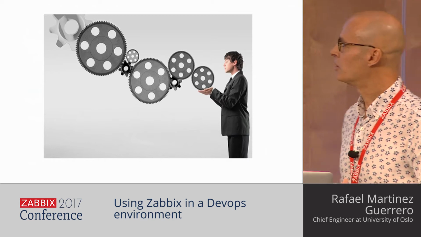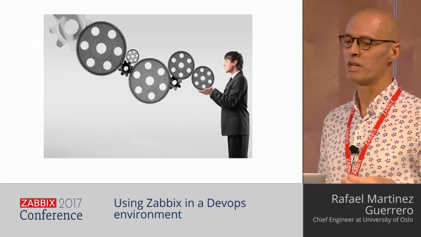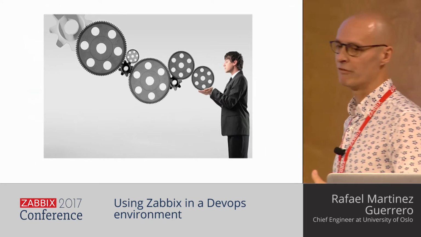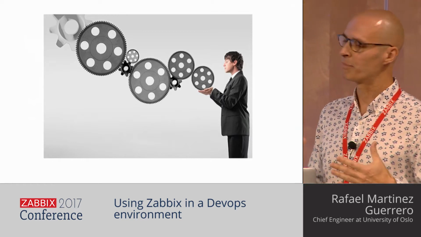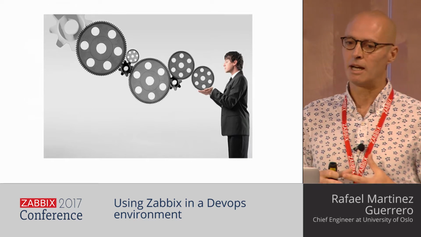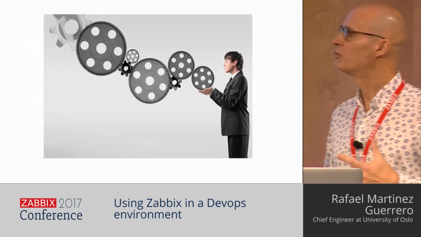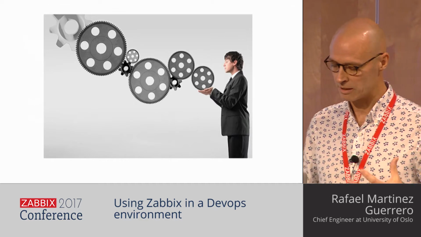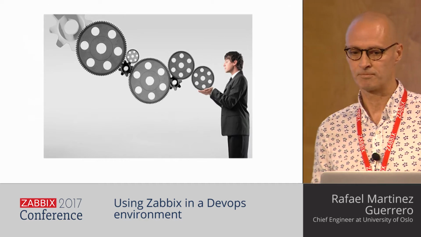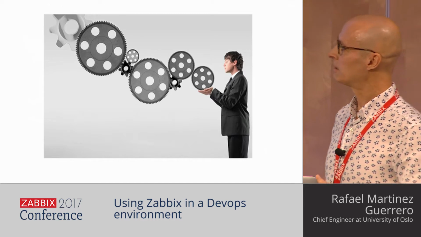And of course, you need full automation of many of the processes involved. This is especially important in a DevOps environment, and this is what we wanted to try: full automation when we were monitoring these applications. We have some challenges.